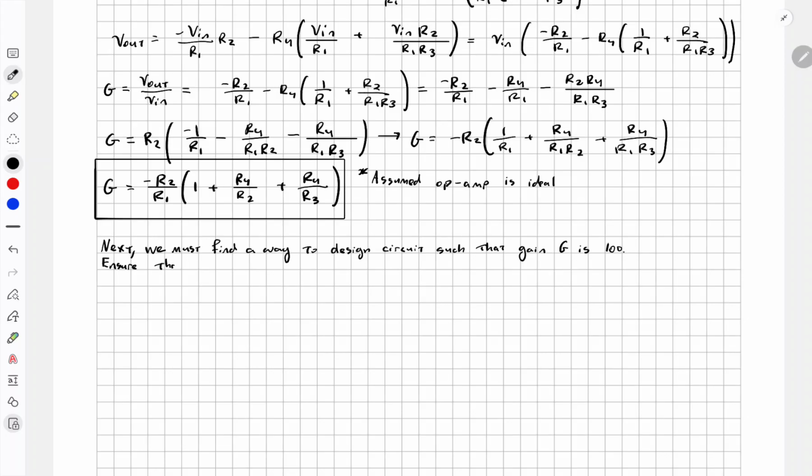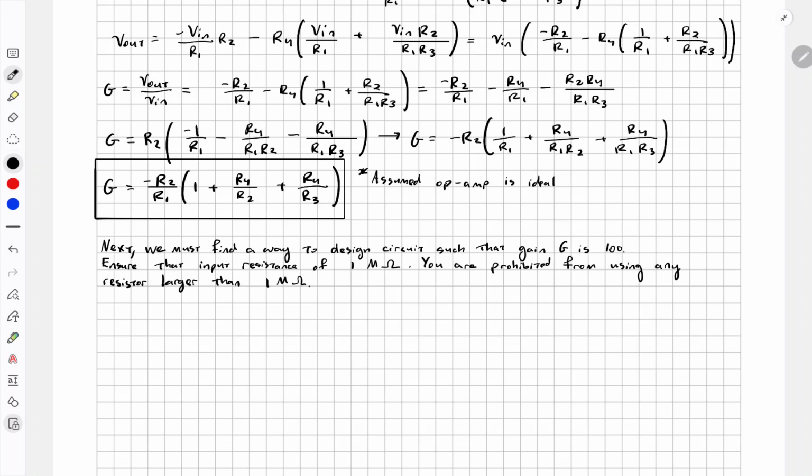Ensure that the input resistance is 1 mega ohm, and you are prohibited from using any resistor larger than 1 mega ohm.